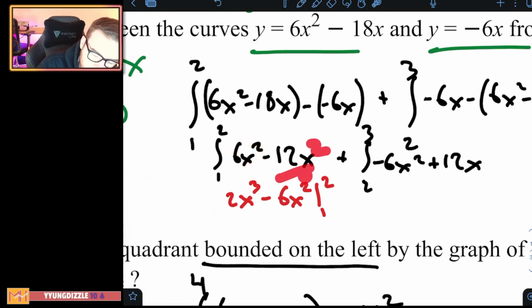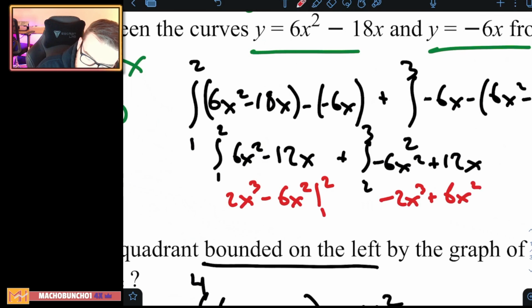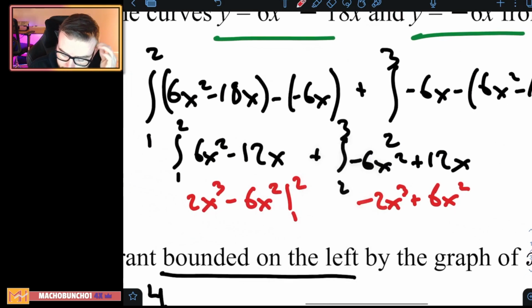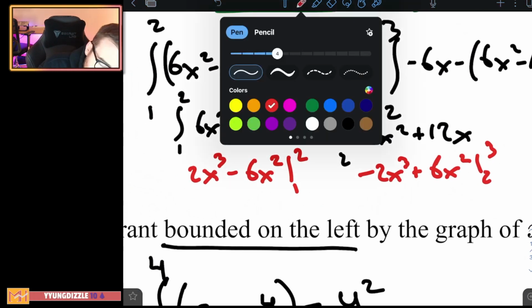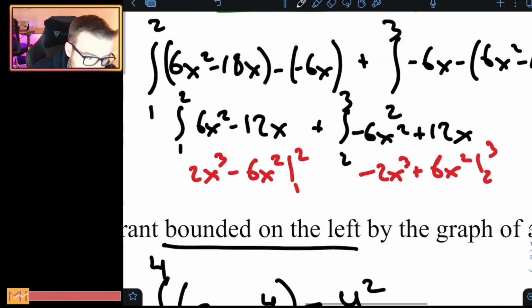Bump it up by 1, divide, you get 6. And then this is going to become something similar here, negative 2x cubed plus 6x squared from 2 to 3. And when you do the bounds here, if this doesn't work out, I'm going to cry.